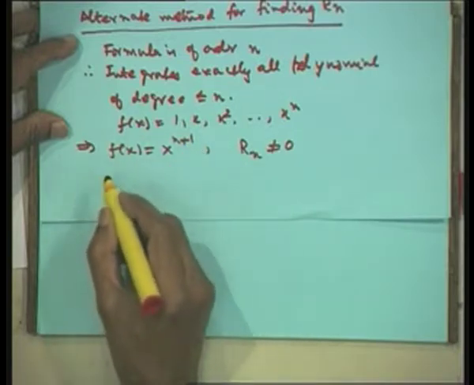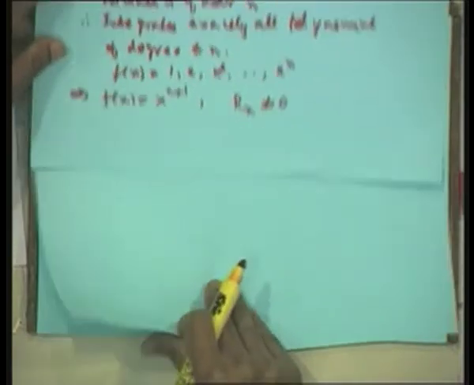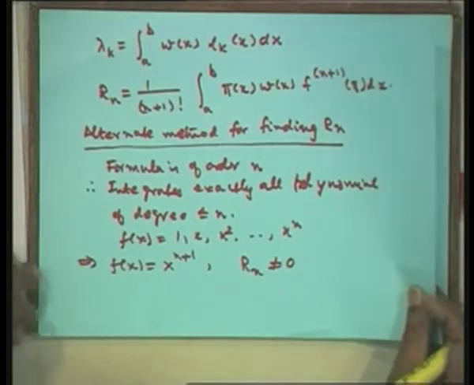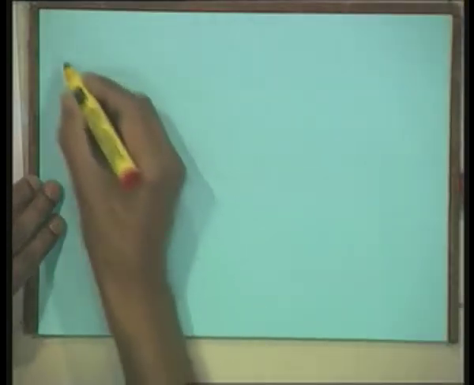Hence, if we use x to the power of n plus 1, now if R n is equal to 0 for f x is equal to x to the power of n plus 1, then the formula is of order n plus 1.